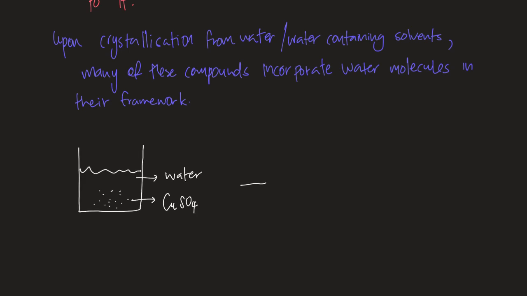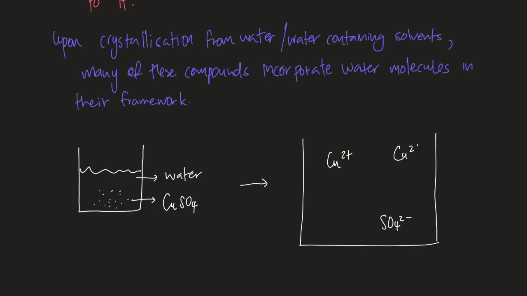When it goes through that process, we know that it's going to form this kind of setup where the Cu 2 plus ions and the SO4 2 minus ions are going to be separated. SO4 2 minus, right? So that's what it's going to look like.